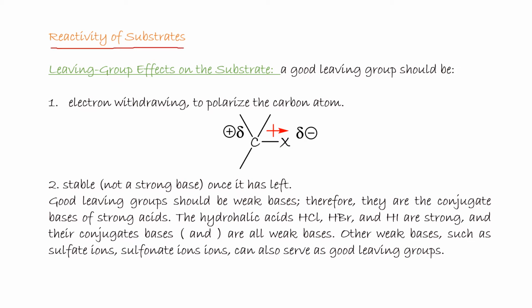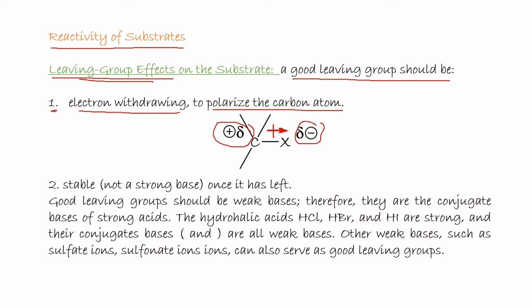Reactivity of substrates. Leaving group effect. A good leaving group should first be an electron withdrawing group to polarize the carbon bond of the functional group. It should be stable once it has left.